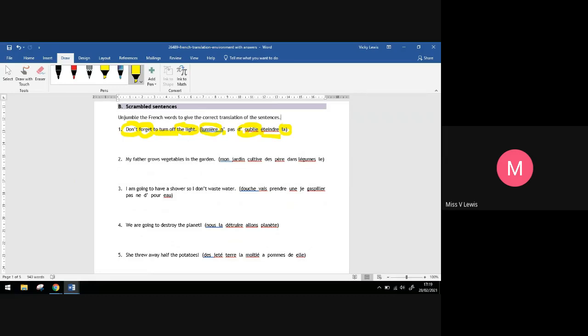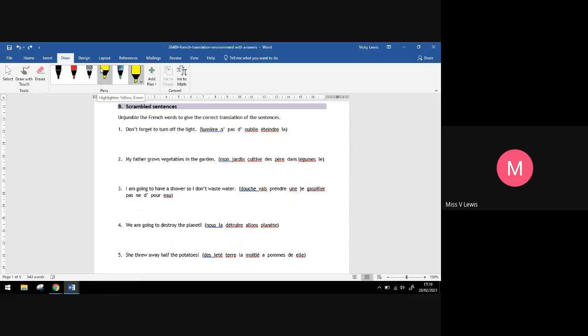The next thing we have got, so if we just take that back, I'll get rid of that. It's not too busy for you. And let's go down. And we've got this second sentence. My father grows vegetables in the garden. So we know that the word my, we need to think about gender and number of the noun that is being described.